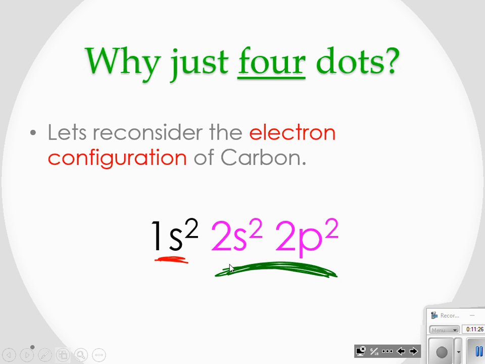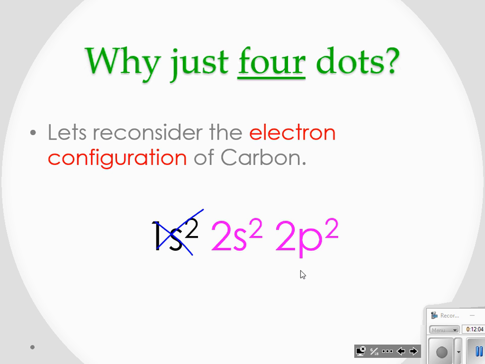No, because it only has 2 on the P, not 6. Is the first energy level filled? Yes. So as I'm looking, what's the outside one? Number 2. So valence is outer energy levels. That's why we do not consider that one a valence level, because it's already filled, it's on the inside.